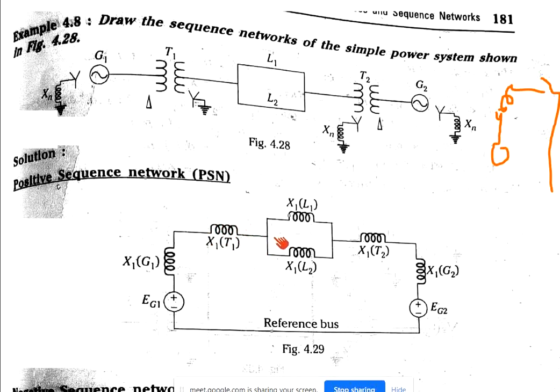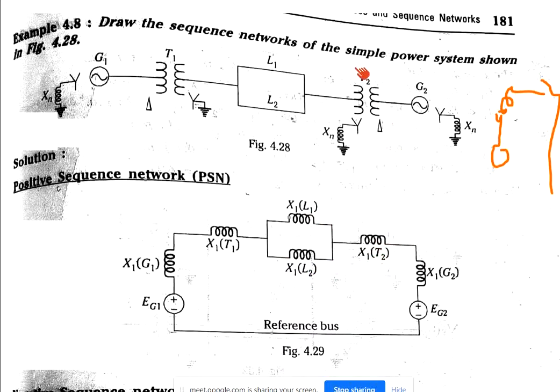Then the two inductances, or you can take the line reactance of L1 and reactance of L2, are connected in parallel, and then the positive sequence reactance of transformer T2, and again for the generator it is the reactance of the generator, and again it produces a positive sequence component of voltages. So remember that the transformer delta and star connection will come across only for the zero sequence network.